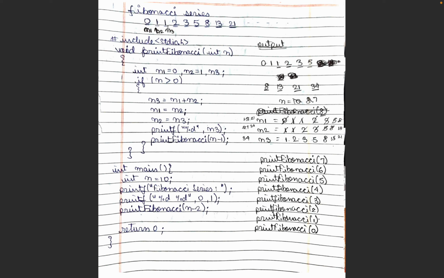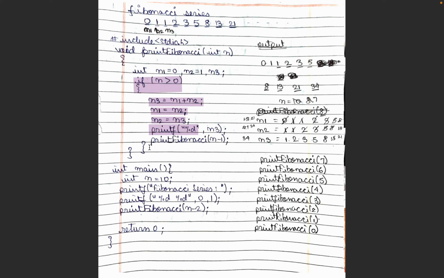Now we will shift the digits and print n3, because we have found our third number, and we will now go to the fourth number. So we will shift n1, n2, n3.